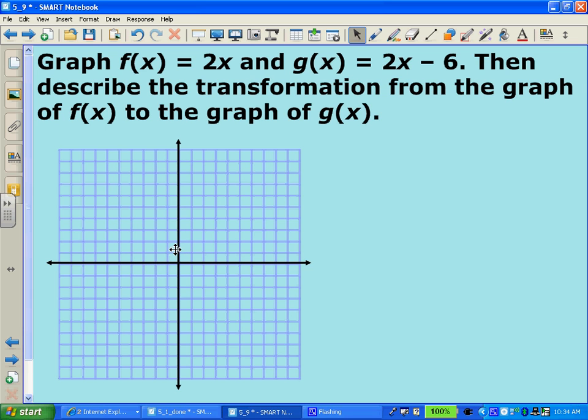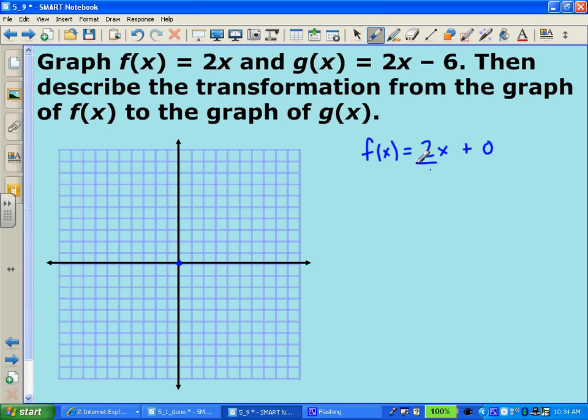It says graph f of x equals 2x and g of x equals 2x minus 6. Then describe the transformation from the graph of f of x to the graph of g of x. So let's start with f of x equals 2x. Now, as we've learned, we can graph things out of slope-intercept form. If there's no b, that means it's 0. So I'm going to start at 0.